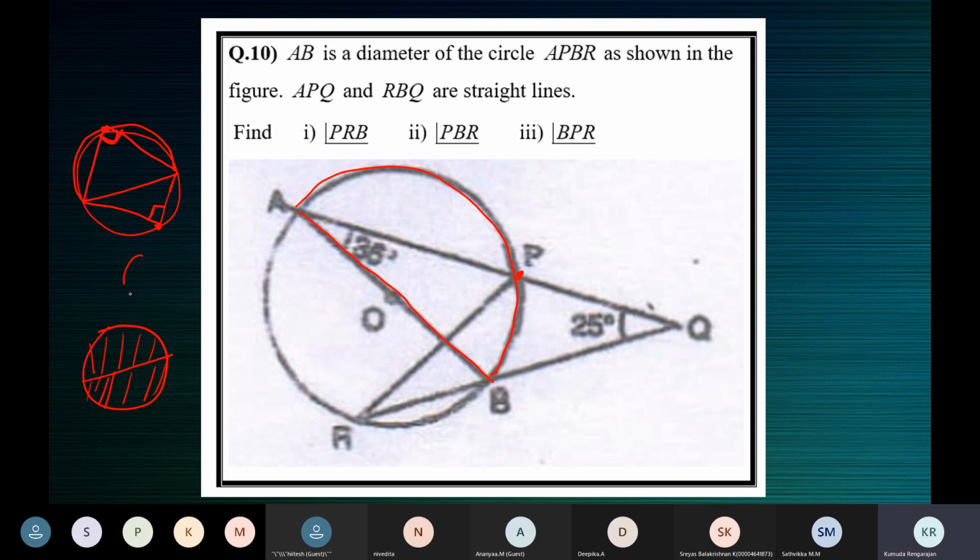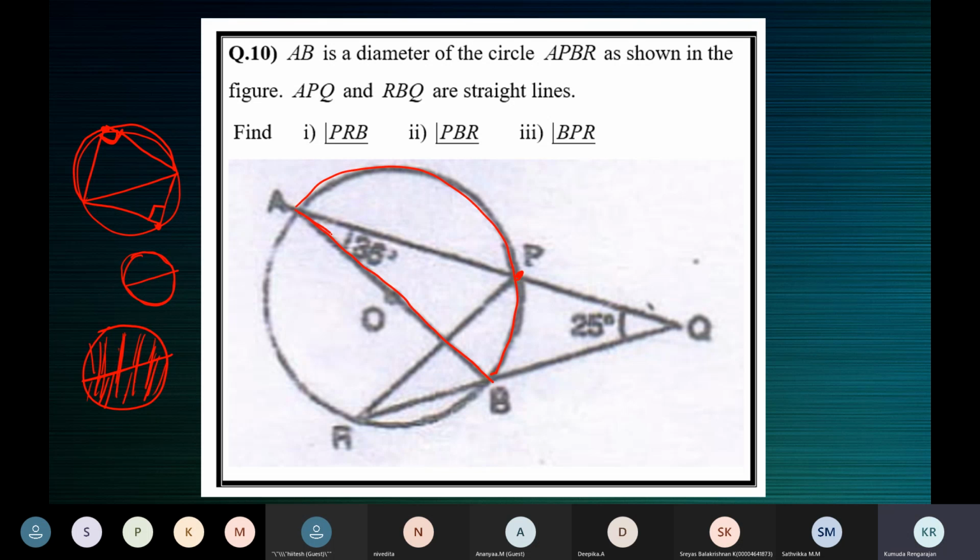When I say circle, I'm talking about this circular region. The diameter divides a circle into two halves, and each arc is called a semicircle.